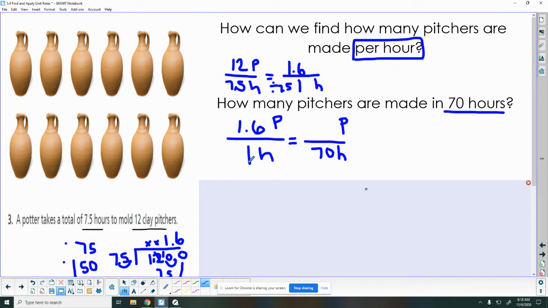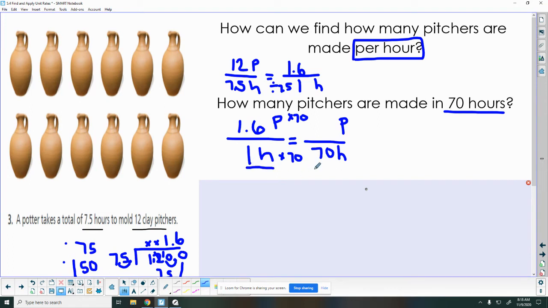So to get from 1 to 70, I have to times by 70. Whatever I do to the top, I have to do to the bottom. So 1.6 times 70 will tell me how many she could make in 70 hours.